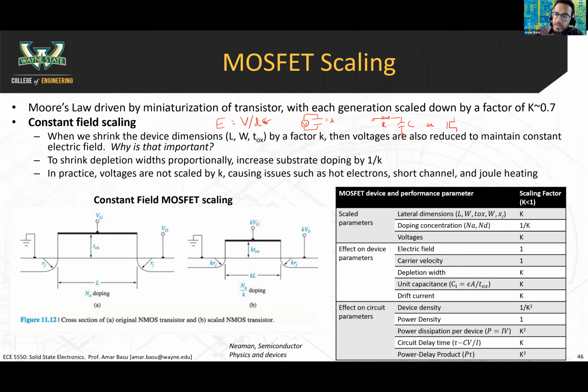We often want to switch a transistor on and off, and in order to do that, we switch the voltage of the gate from high to low. The equivalent circuit model looks like this: a resistance and a capacitance. If we want a fast circuit, we want to make this capacitance as small as possible.